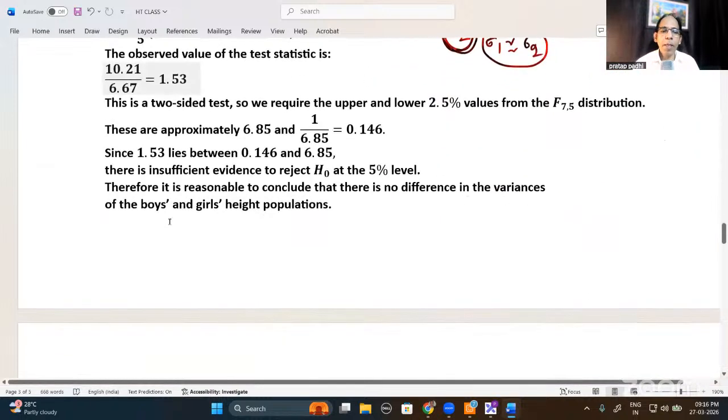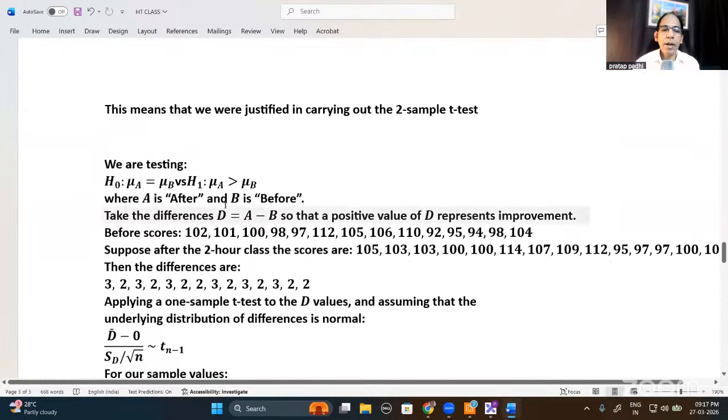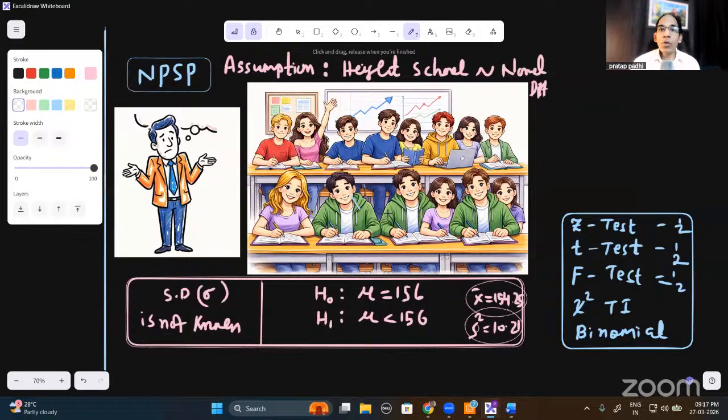Okay, done. Now there is another one, before and after. Suppose I want to use a paired t-test. That means a before-after experiment. What can you do? You check the IQ of the students. You combine all the students because you are interested in IQ now, not height or weight. N is 14 here.